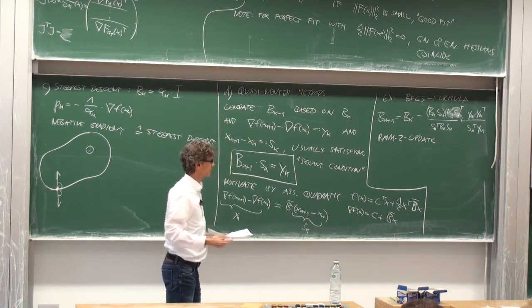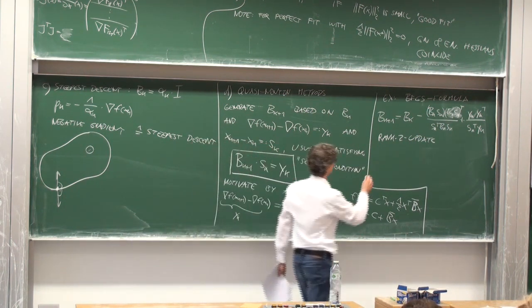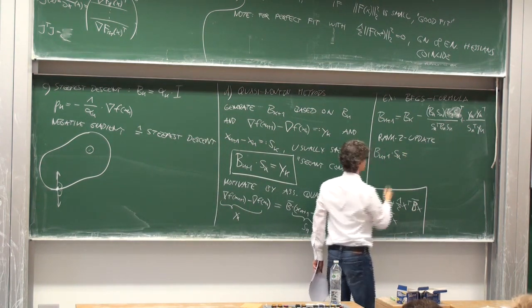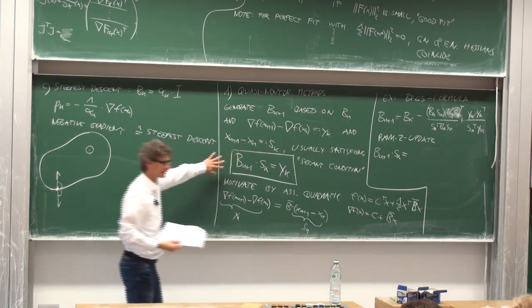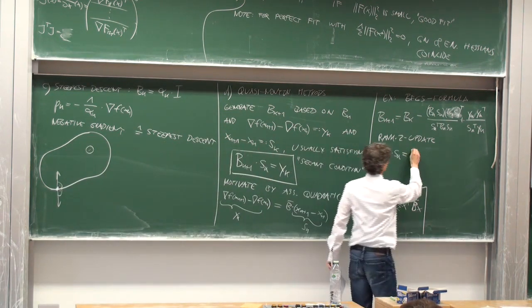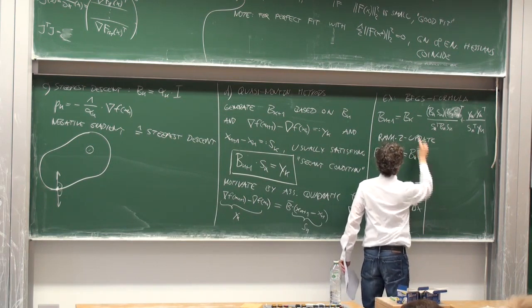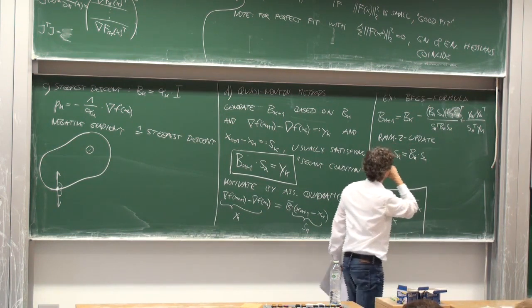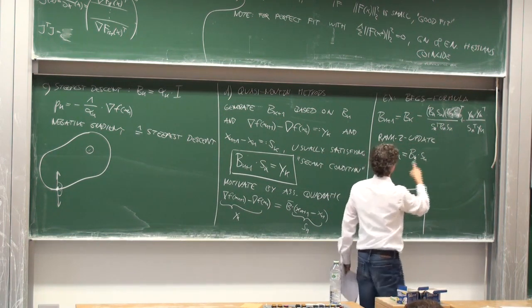But it's only in a subspace of rank 2, and what we can easily check is bk plus 1 times sk. What is it? Does it actually satisfy the second condition? I just want to do that as an exercise. We multiply it with sk. Here we get something interesting.